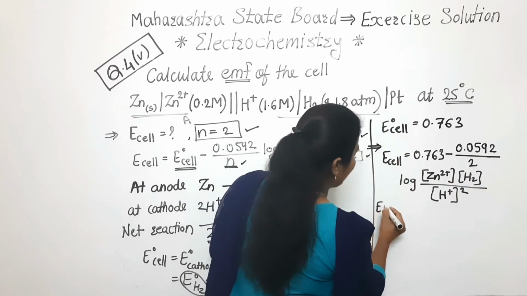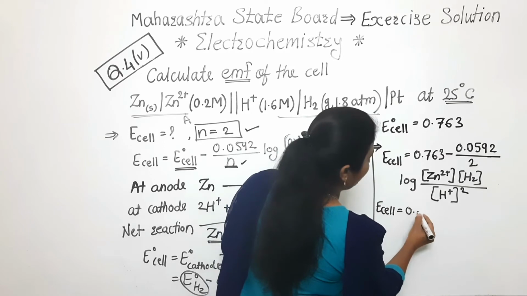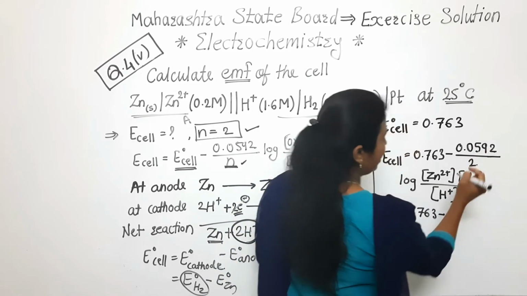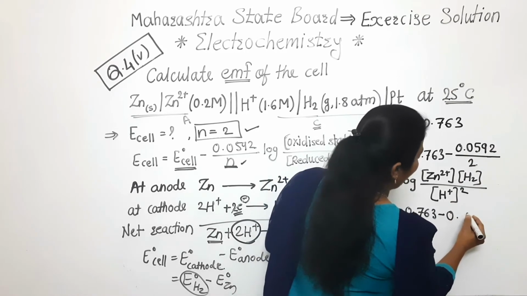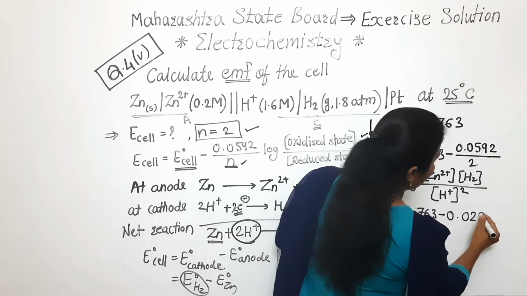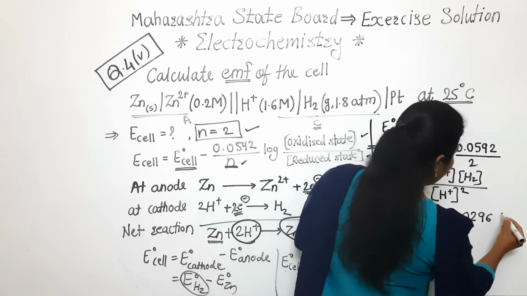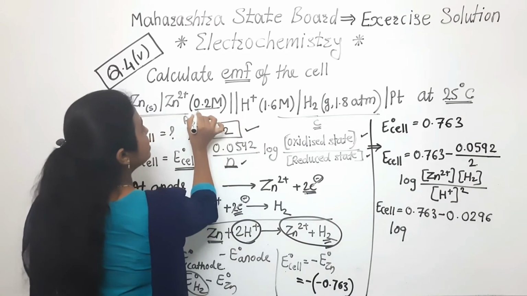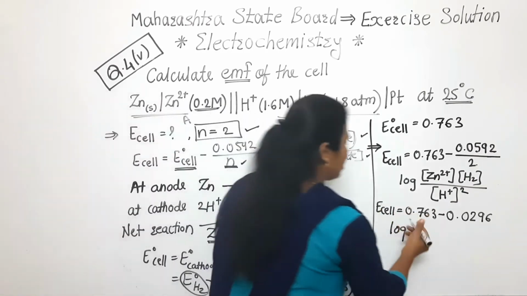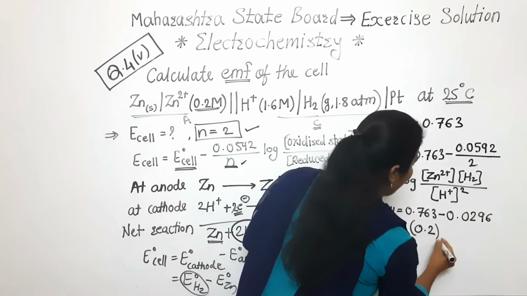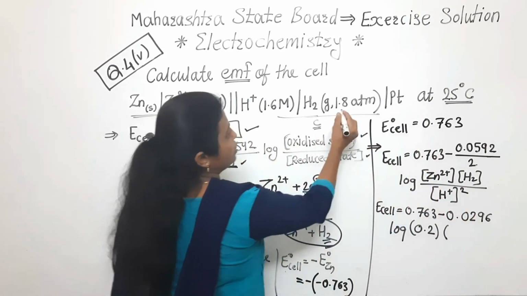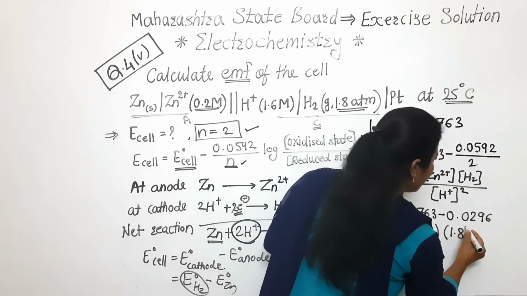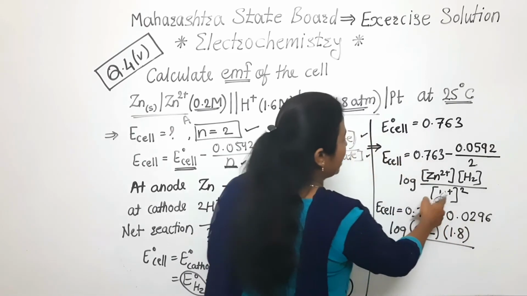So after calculation we can say that 0.763 minus, we are dividing this value by 2, and that will be 0.0296 into log of Zn2+, its concentration is 0.2 molar, into H2, it is a gas, means here we have to consider its pressure, and that is 1.8, divided by H+.